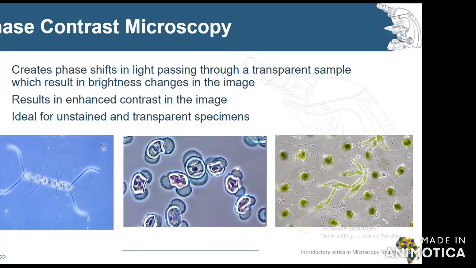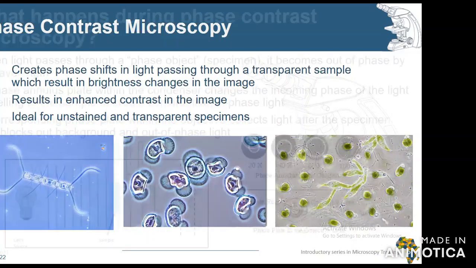So it makes use of phase shift, and the resulting image is enhanced so that the viewer will be able to see some details in an unstained or transparent specimen. You'll be able to see details that you will not naturally see under a bright field microscope.